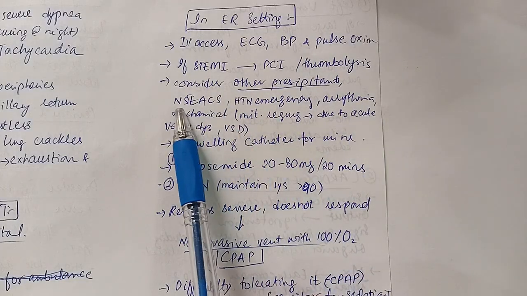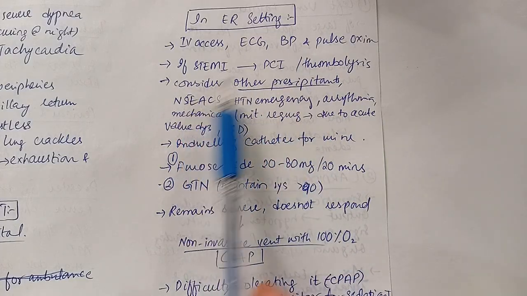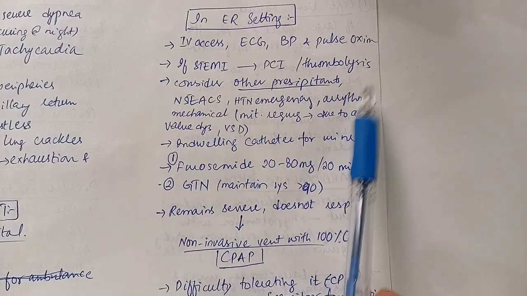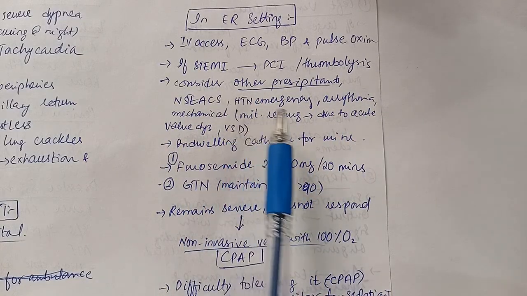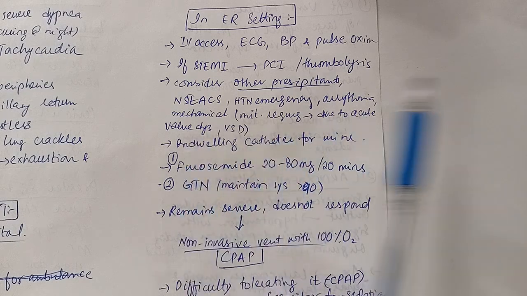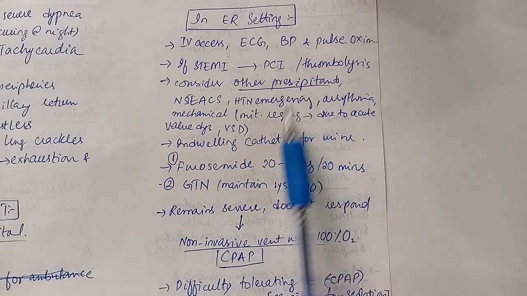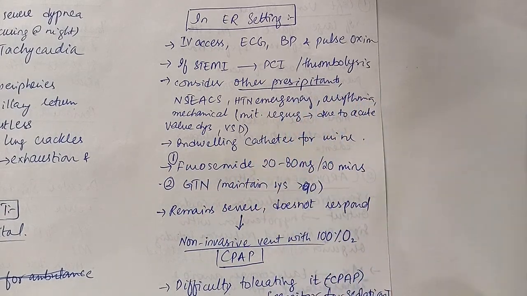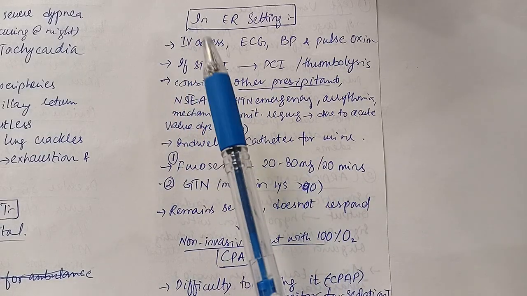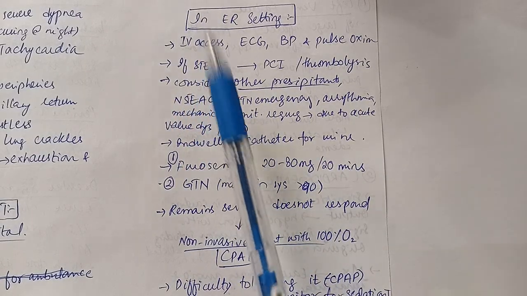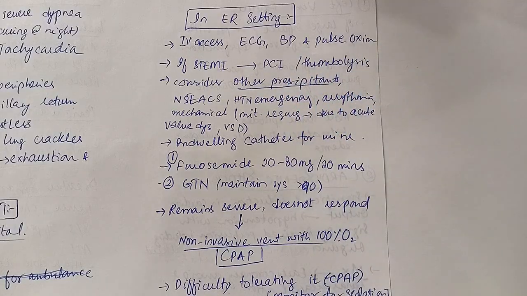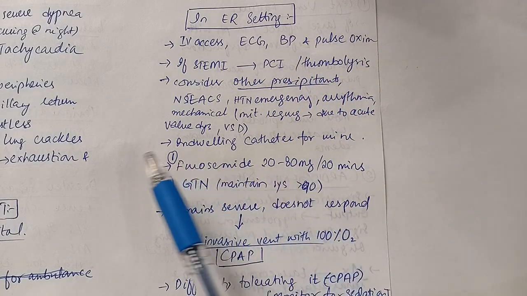For example, non-ST elevation acute coronary syndrome, hypertensive emergencies, arrhythmias, mechanical causes like mitral regurgitation due to acute valve dysfunction, and ventricular septal defects. But in the case of cardiogenic shock that is secondary to STEMI, immediate PCI and thrombolysis is indicated.